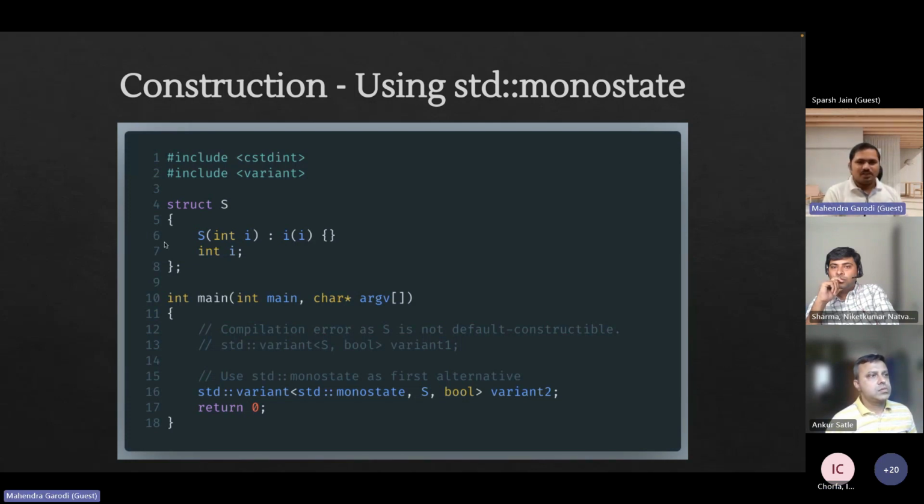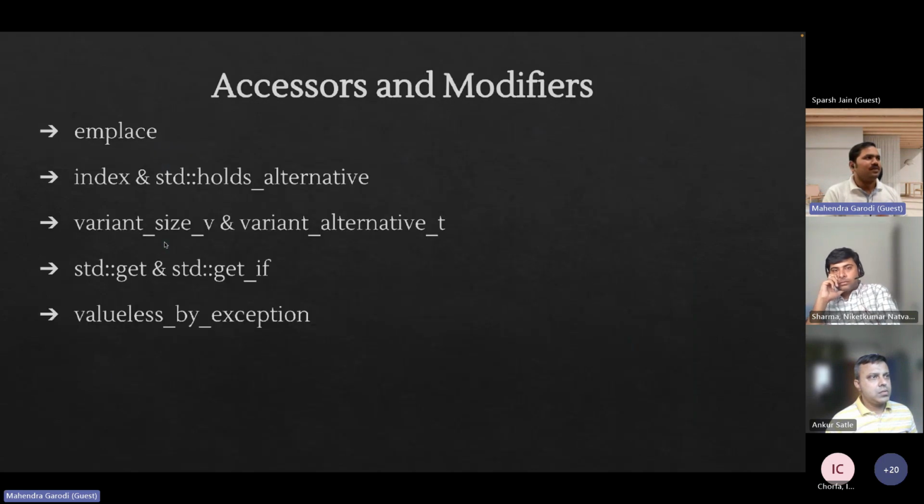Okay, so let's go further and see some accessors and modifiers of std::variant. There is emplace to modify, index and holds_alternative to query, variant_size to get the size, and variant_alternative for the type at a particular index. std::get and get_if are to access the values, and valueless_by_exception I haven't covered yet, but I will.